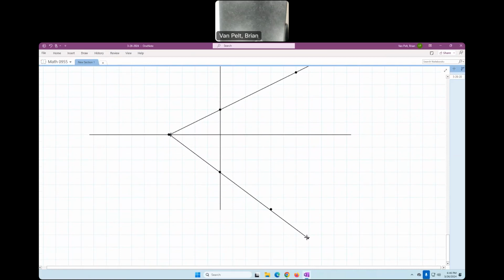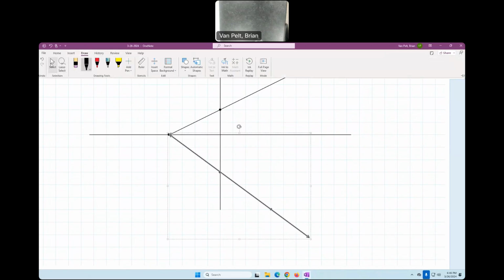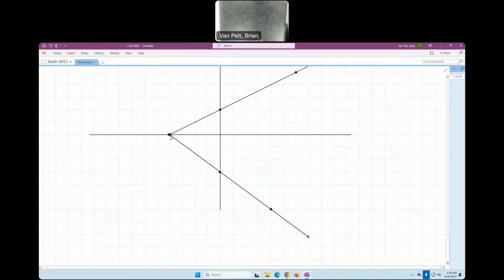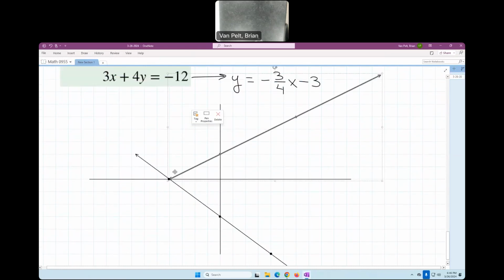See if I go on there. Will I get on there? I might as well extend them since they intersect right there. So there's our spot.